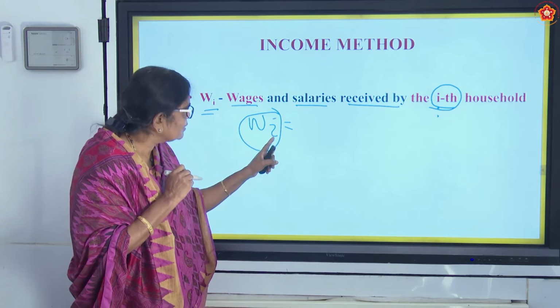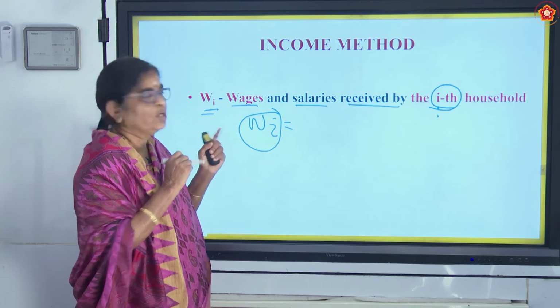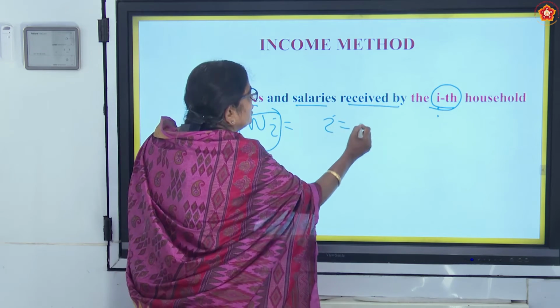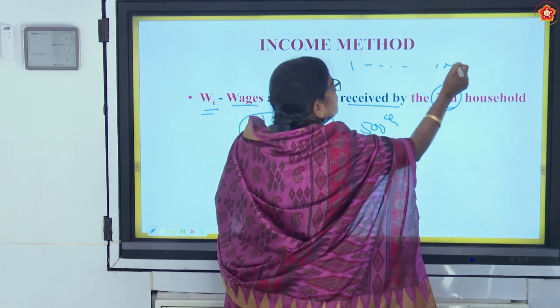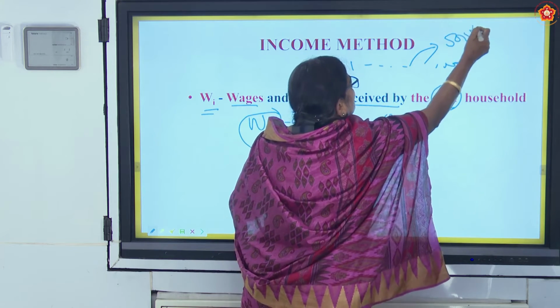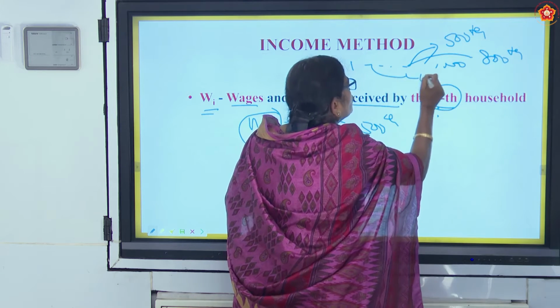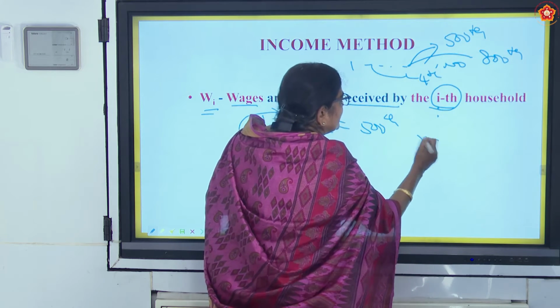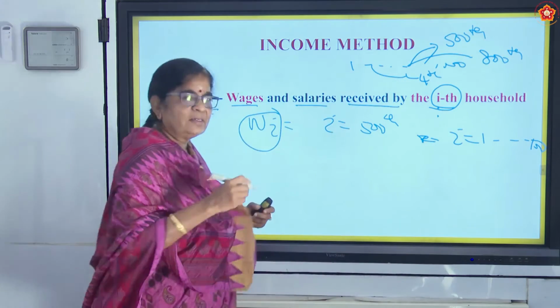This ith household may be the 500th household. Among our 1 to 1000 households, we would have selected the 500th one, or the 800th household, or the 4th household. Therefore, I may take any value between 1 and 1000. Understand?